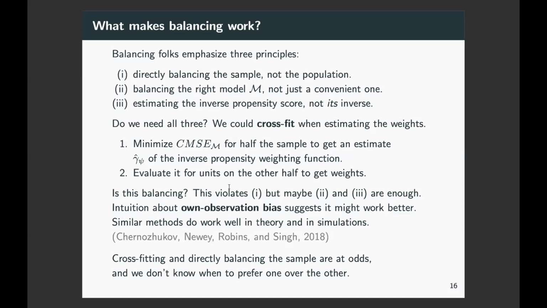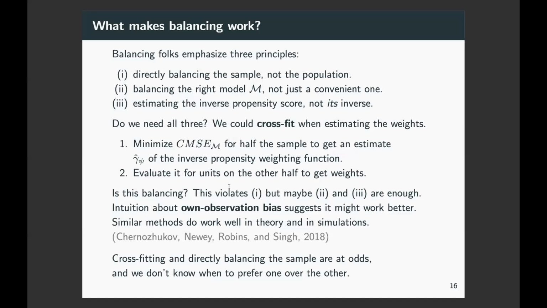And as far as balancing the right model, the idea is if people are focused on modeling the propensity score, they forget about what they want the inverse propensity weights to do, and they get a propensity score estimate that may be close to the propensity score, but not in the right sense. And the third, I guess, is fairly self-explanatory.